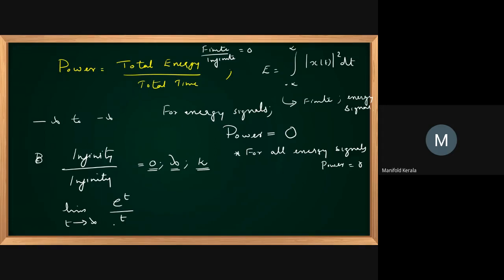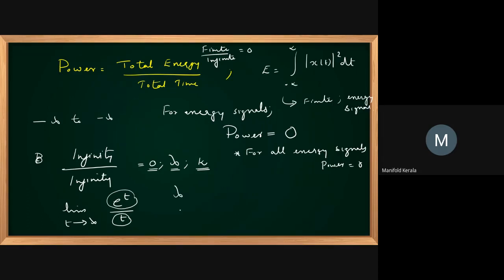So we need to check which function is going to infinity at a faster rate. The order of e to the power t, if you expand it as a polynomial, is always infinity. But the order of t is 1, correct? So naturally, numerator is going to infinity at a much higher rate compared to denominator. In that case, this ratio will always be infinity.